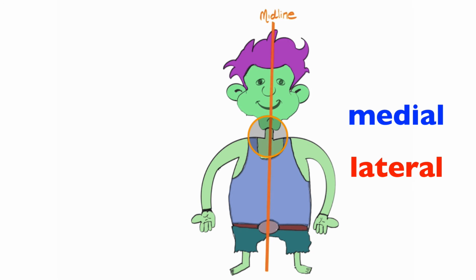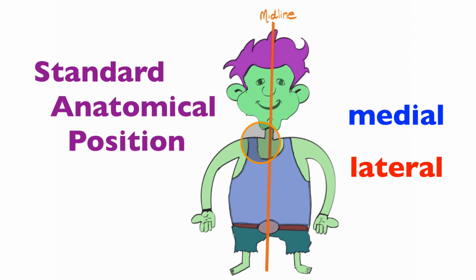But I want to stop for a second and highlight one thing. This individual, and this is the case if we were looking at a cadaver on a table or a patient on a bed or anything within this class, whether it's an organ like the heart or the whole human body like we see here, this is in standard anatomical position.